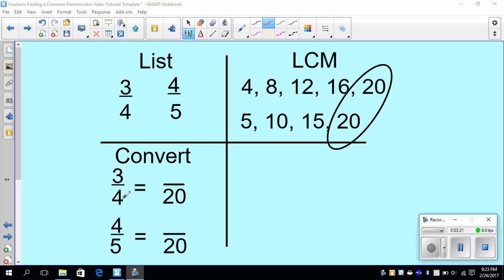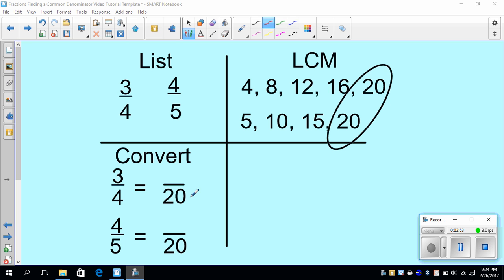Now, this fraction will stay the same size as long as you do the same thing to the numerator as you do to the denominator. So whether you multiply or you divide, as long as you're doing the same thing to the numerator and the denominator, same to the top and the bottom, you'll keep the same size fraction. So I'm going to ask myself, what would I do to go from 4 to 20?